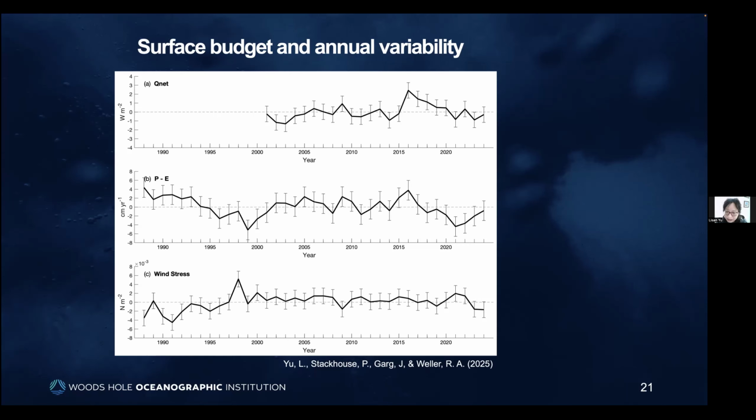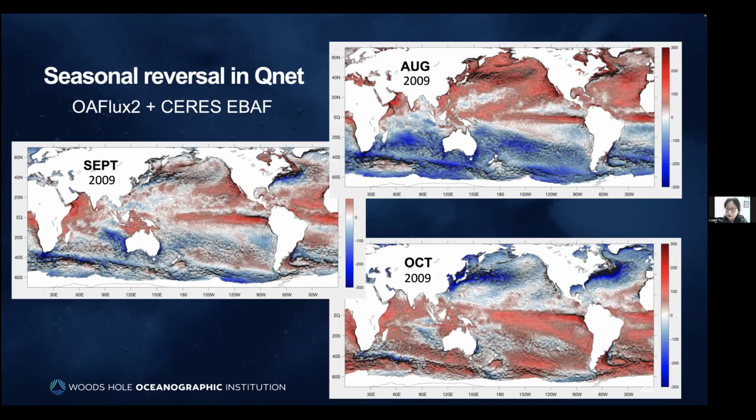But the wind stress is pretty stable, except in the decade of the 90s, and the trend in the recent 20 years is pretty stable despite the warming in the global climate. And that is our budget.